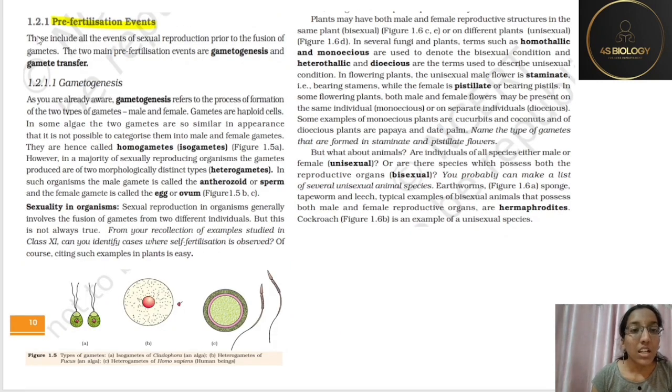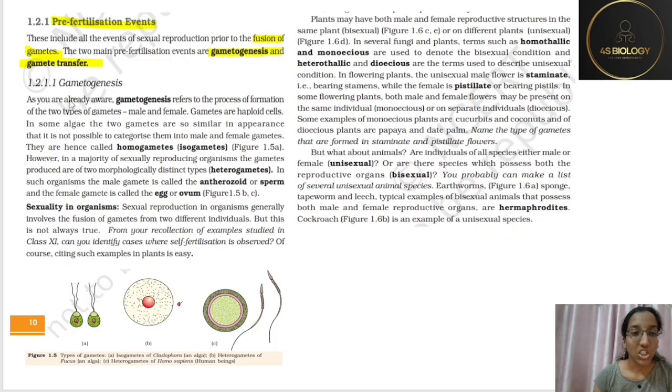These include all the events of sexual reproduction prior to the fusion of gametes. Whatever happens before gamete fusion is called pre-fertilization events. In this there are two: gametogenesis and gamete transfer. Gametogenesis means formation of gametes, then gamete transfer. After that is fertilization, in which fusion of male and female gametes happens. After that, post-fertilization: the embryo formation, all those things come under post-fertilization.